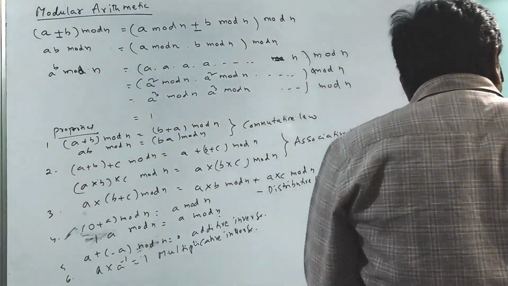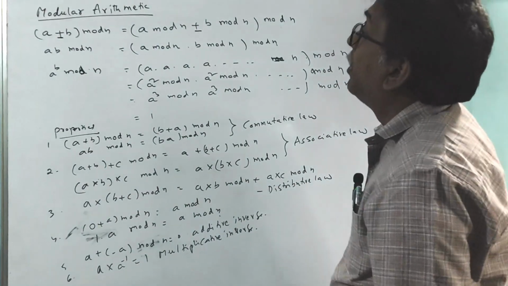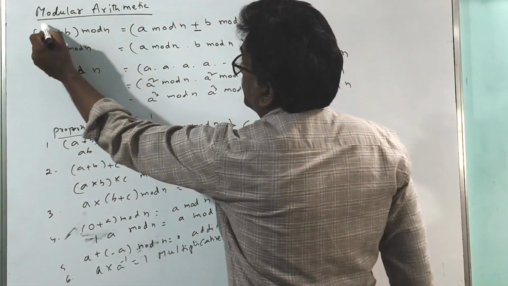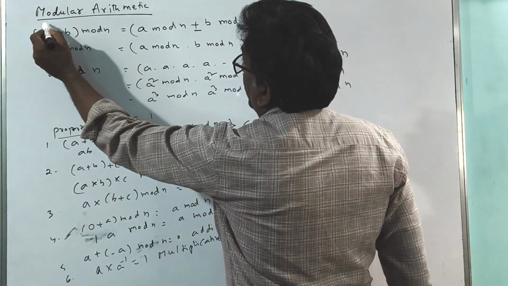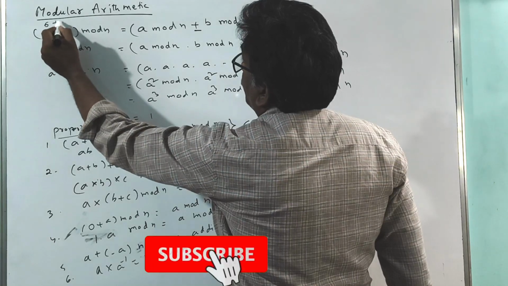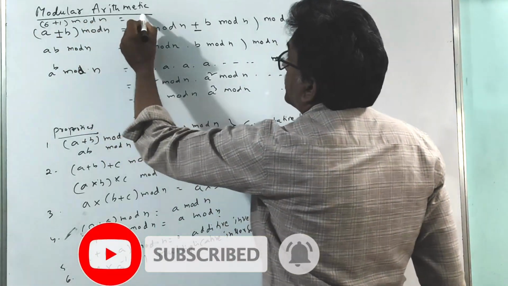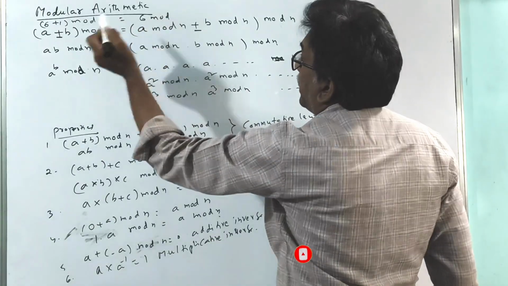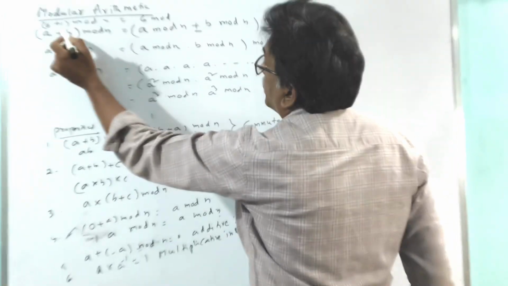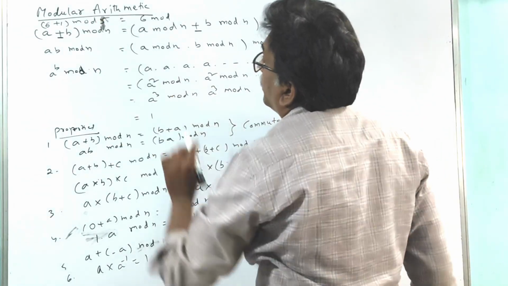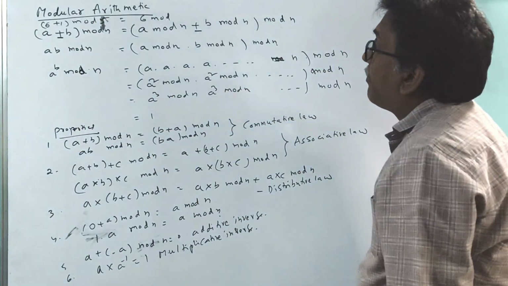Now we will observe and solve the problems one by one. (a plus b) mod n. So (a plus b) mod n means you can write it as (6 plus 1) mod n, which can be written as 6 mod n plus 1 mod n. For n you can use 8, or you can use 5. Let us use 5. 6 plus 1 is 7, mod 5.